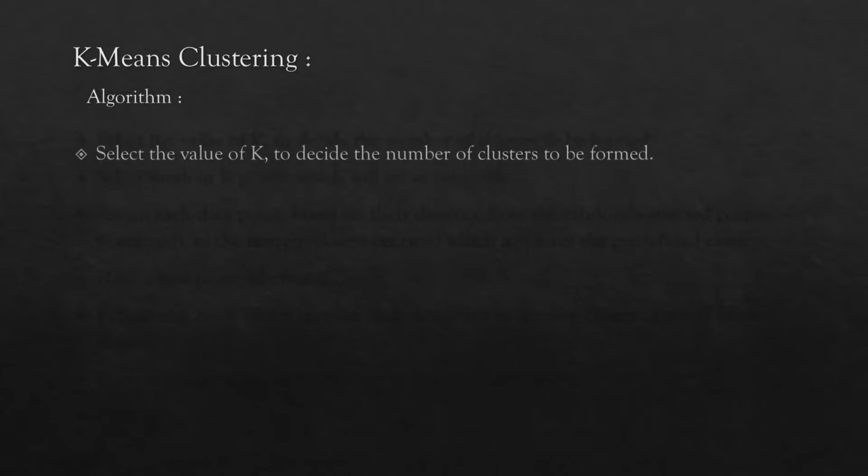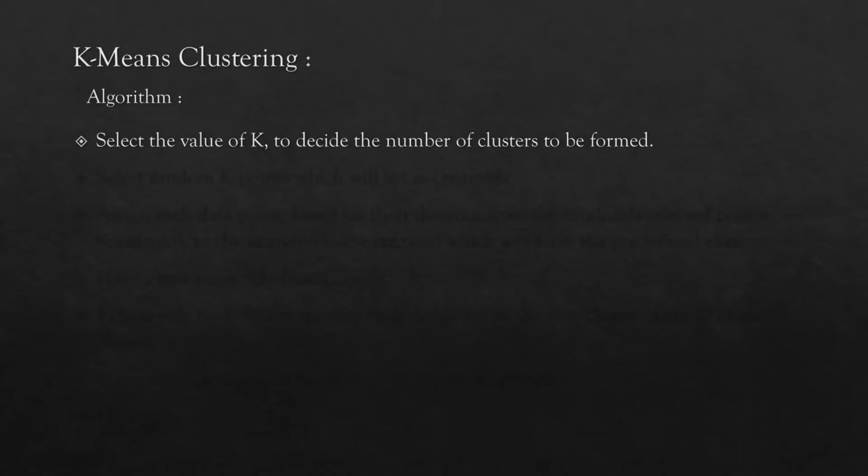To perform K-mean clustering on a dataset, we have a simple algorithm which we could follow. Firstly, we select the value of k, and the k is the number of clusters which we have to form on the dataset. In the next step, select random k points which will act as centroids.